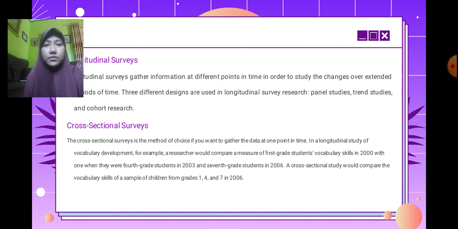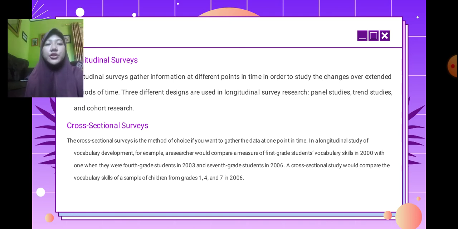Cross-sectional surveys. The cross-sectional survey is the method of choice if you want to gather data at one point in time. In a longitudinal study of vocabulary development, for example, a researcher would compare a measure of first grade students' vocabulary skill in 2000 with one when they were fourth grade students in 2003 and seventh grade students in 2006.